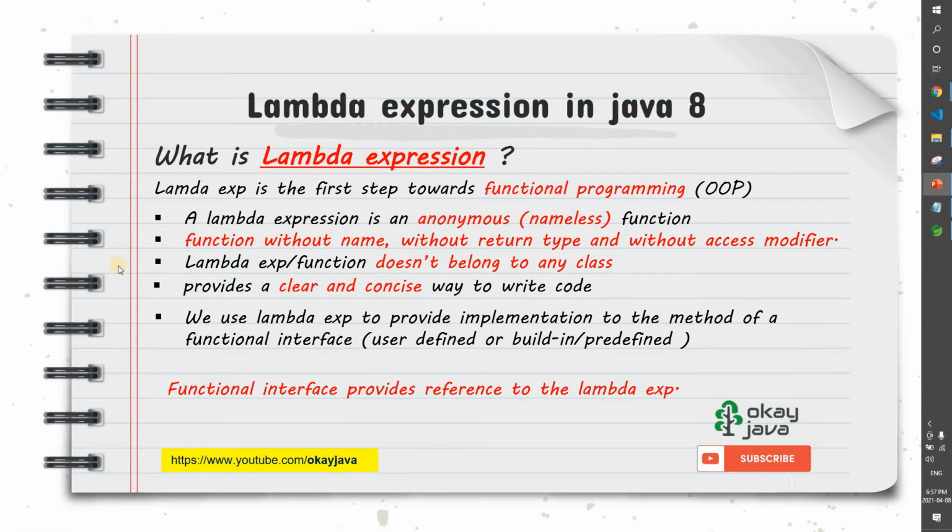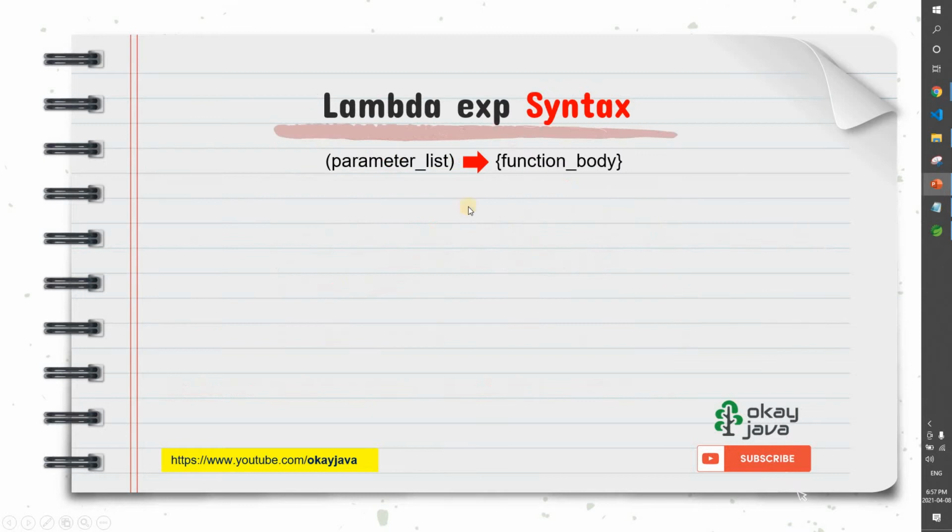But before that, let's have a look at the syntax of lambda expression. You have the brackets where you pass all your parameters, because lambda expression is an anonymous function. Like the way we pass parameters to a normal function, we can pass arguments to lambda expression as well.